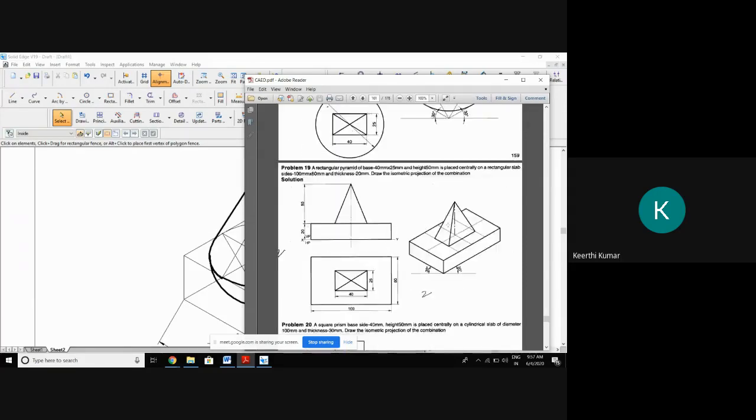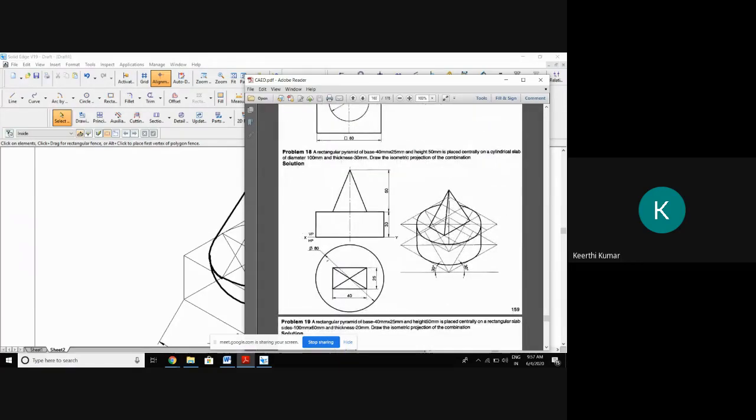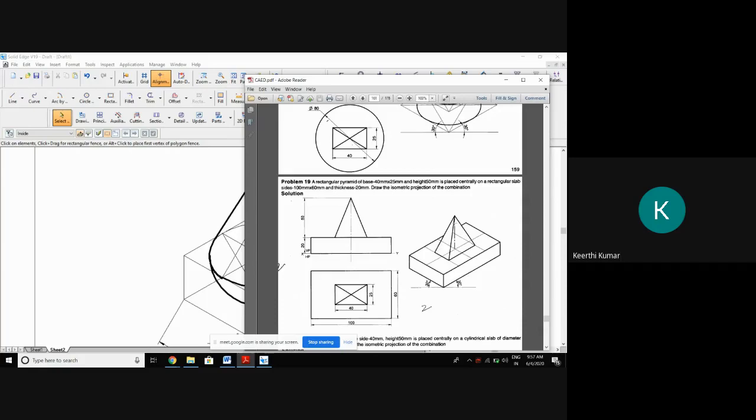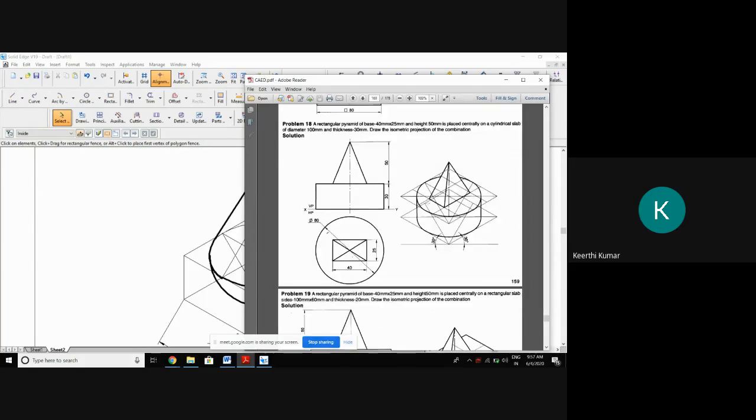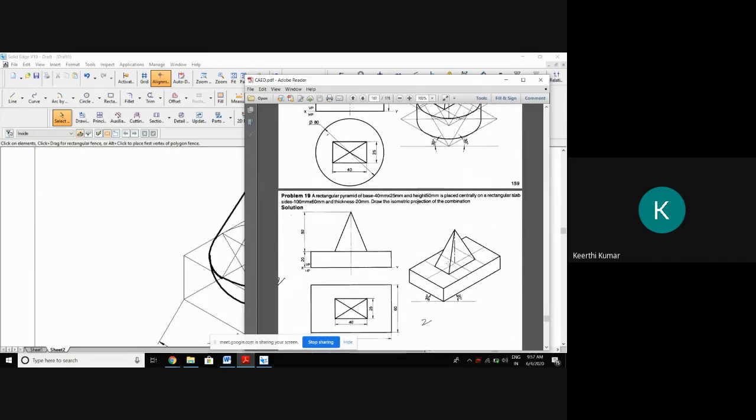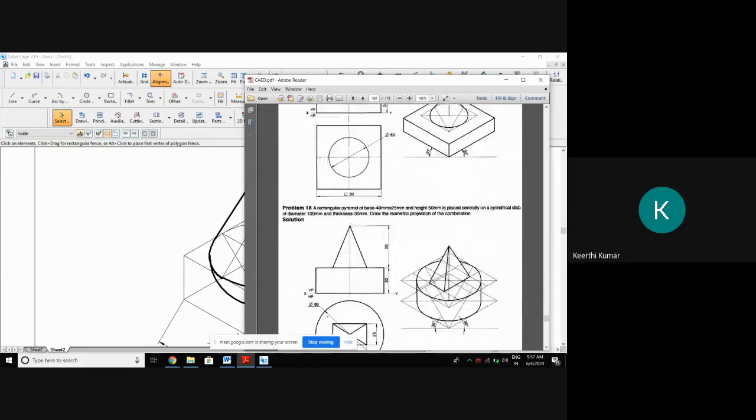All the homework I have given is similar, as we are almost completing the class. If you learn a square pyramid, you can do the rectangular pyramid here, which is the same as this. So if you attend the theory class regularly, you can do the homework problems, and in the exam also it will be easy for you.